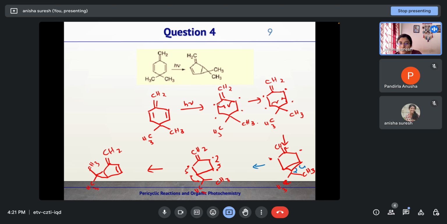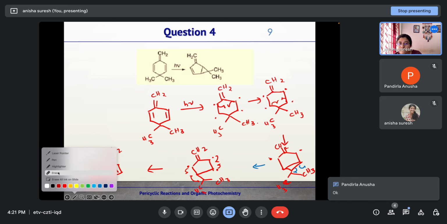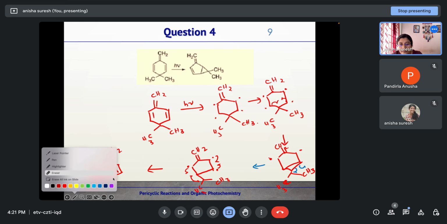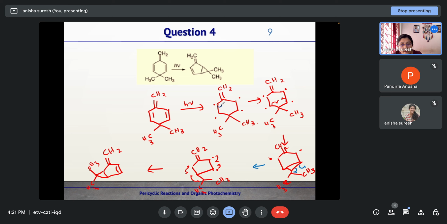Since these radicals can undergo a resonance with this double bond, it will be stabler.